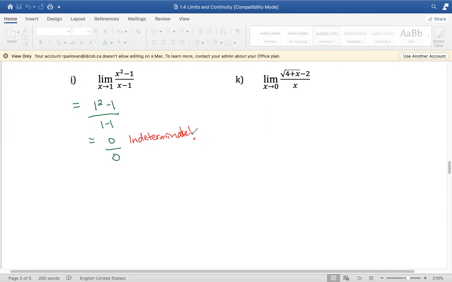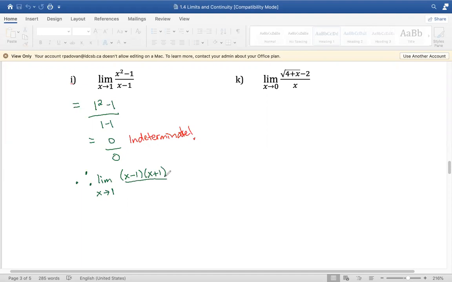So what I need to do is, like it's set up above, I need to rationalize, simplify, factor. And if I were to look at this example, x squared minus 1 looks like a difference of squares. So let's try factoring this. Therefore, the limit as x is approaching 1 from both sides is: take the x squared minus 1, and I have (x minus 1)(x plus 1).